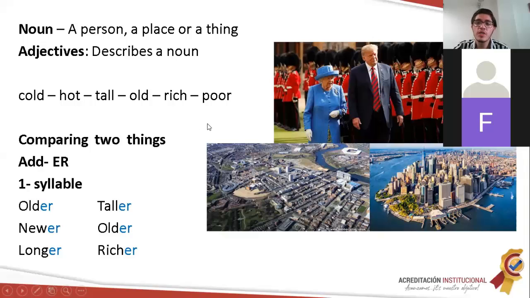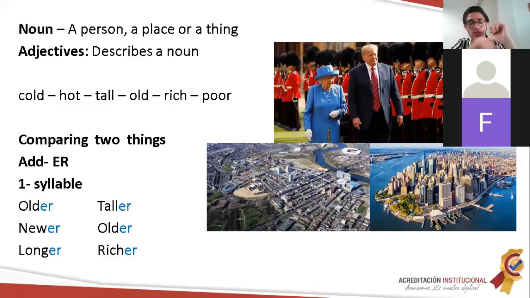Now, let's look at the rules. You need to be careful with the number of syllables you have in an adjective. If you have a one syllable adjective, it means one beat. For example, old is only one beat. New, only one beat. Long, tall, old, rich. Those are one syllable adjectives. When you have this kind of adjective, you need to use the ER ending.